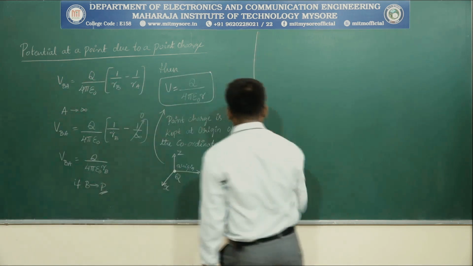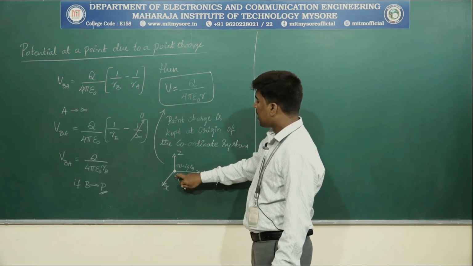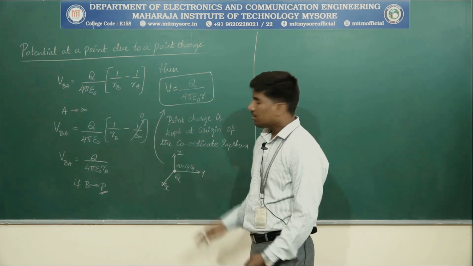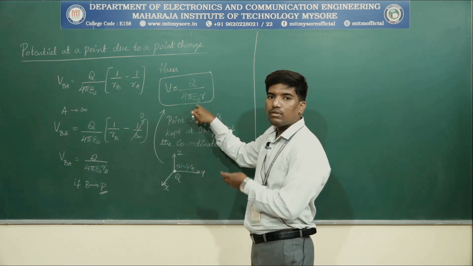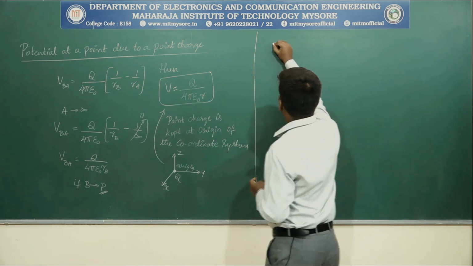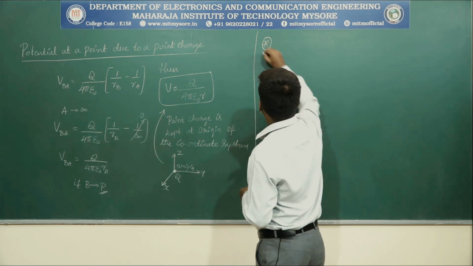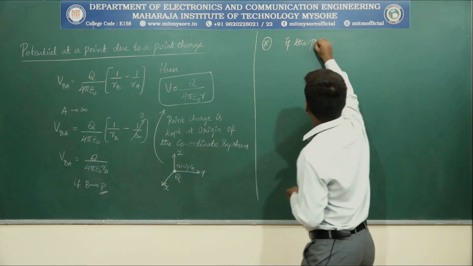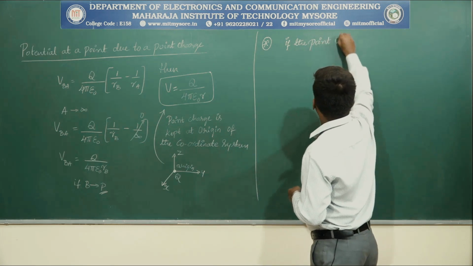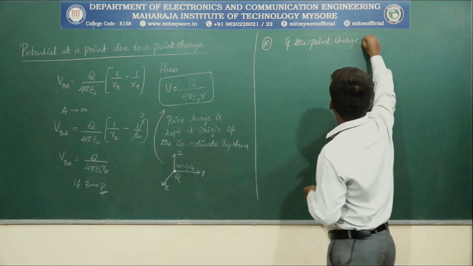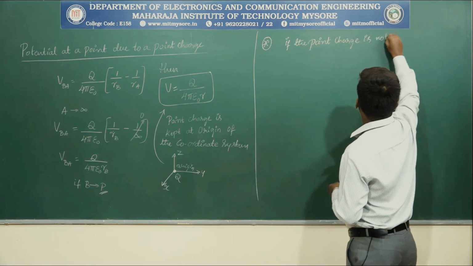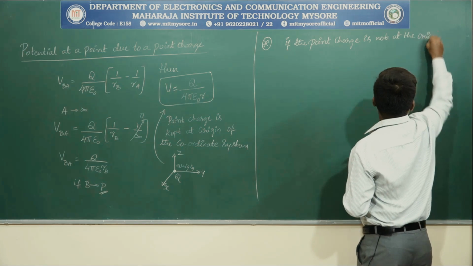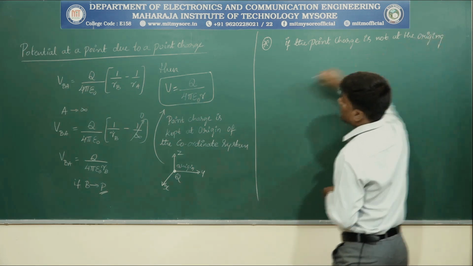What happens if this point charge is not present at the origin, but somewhere else in the coordinate system? Then the above equation is going to change. That representation is given like this, a special case. If the point charge is not at the origin, what will happen to this equation?